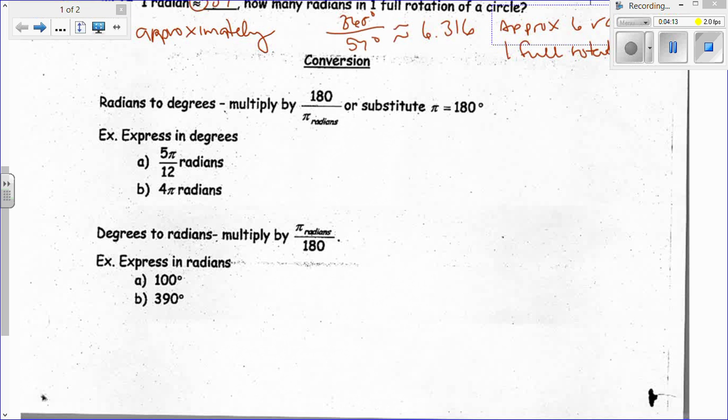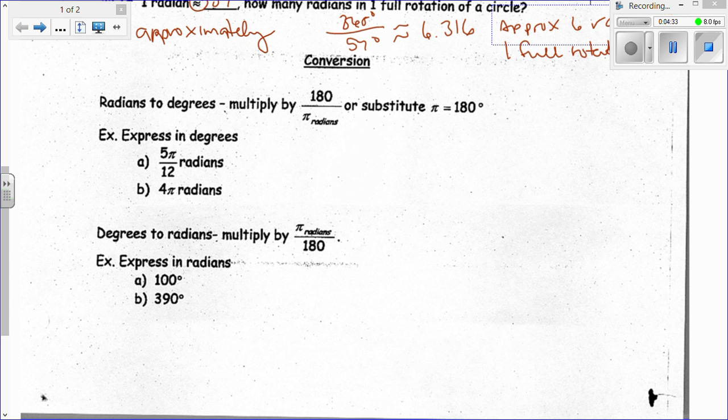Now we need to be able to convert back and forth between radians and degrees. If I'm converting from radians to degrees, I multiply by 180 over pi, or I can substitute 180 degrees in for pi. So for example, express each in degrees.